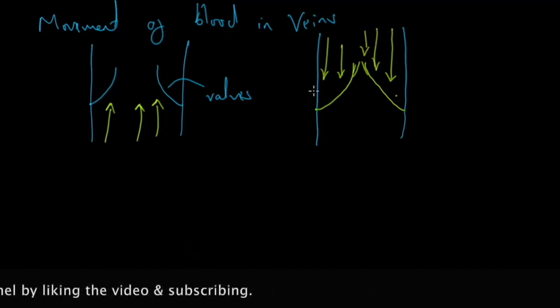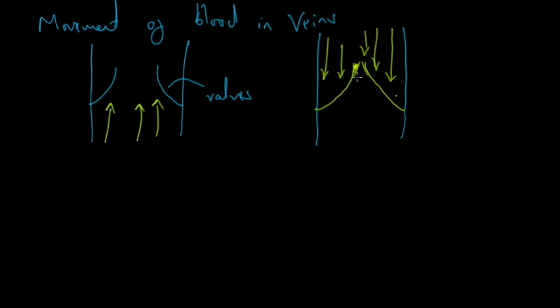This is what happens in the veins. If you're pushing in this direction, the valves open up. Simple mechanical engineering. If you're pushing in the other direction, the blood collapses the flaps and they close off. Thereby there's no backflow of blood.